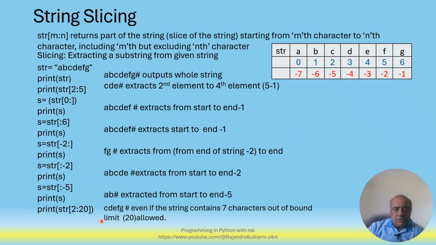So str[2:20] will be out of bound of whatever we have assigned to the string, but that is allowed. What it will do is go up to the end of the string starting from index number 2. So C D E F G will be the output.